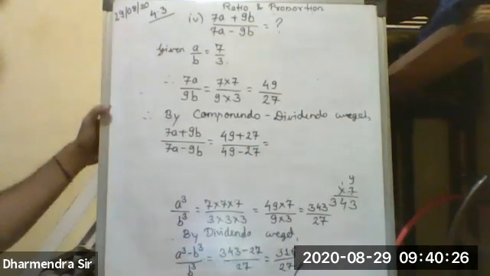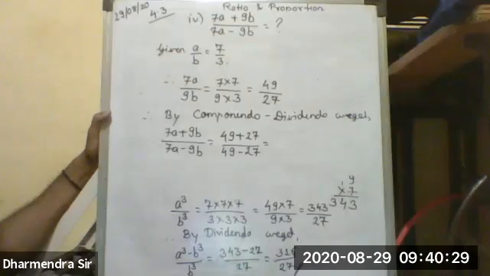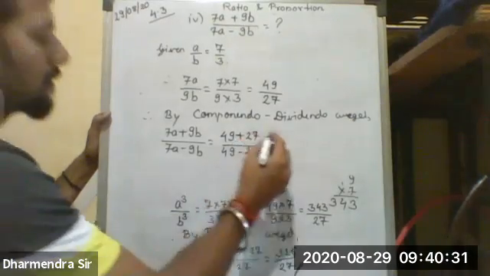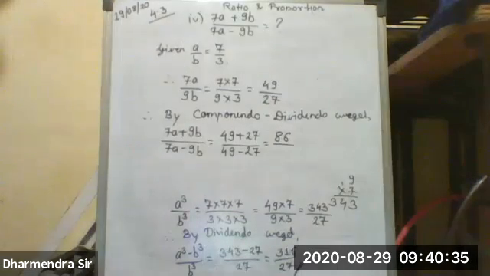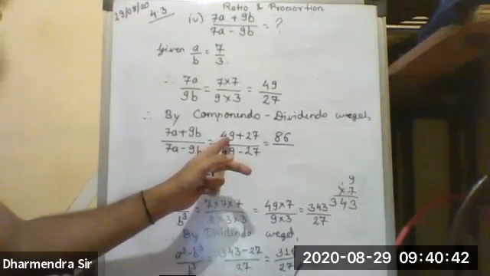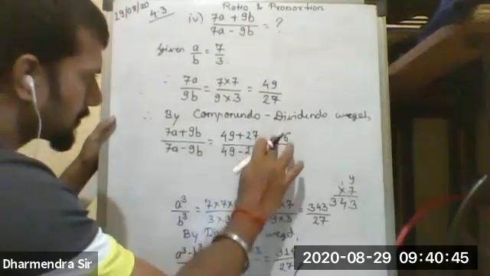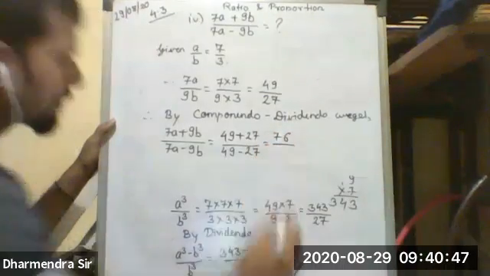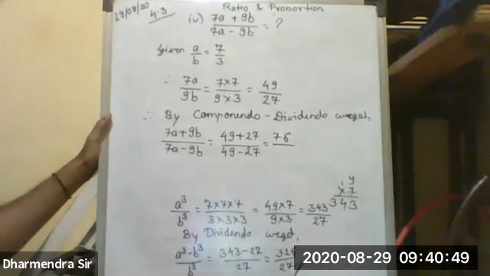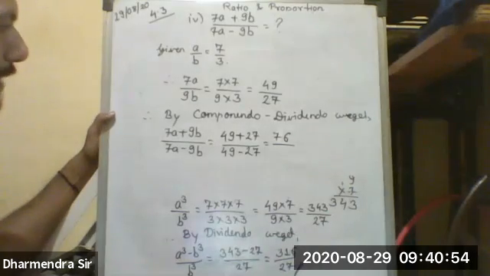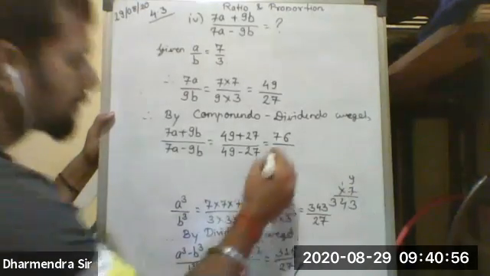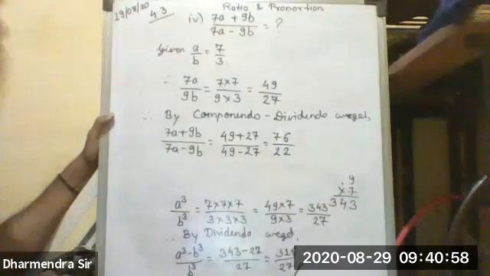So 49 plus 27 is 76, and when from 49 we subtract 27, what we will get? It's 22.